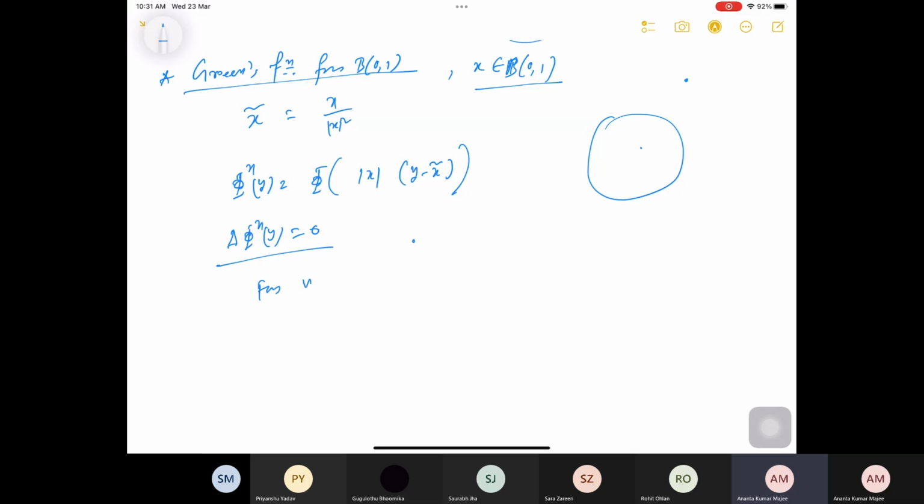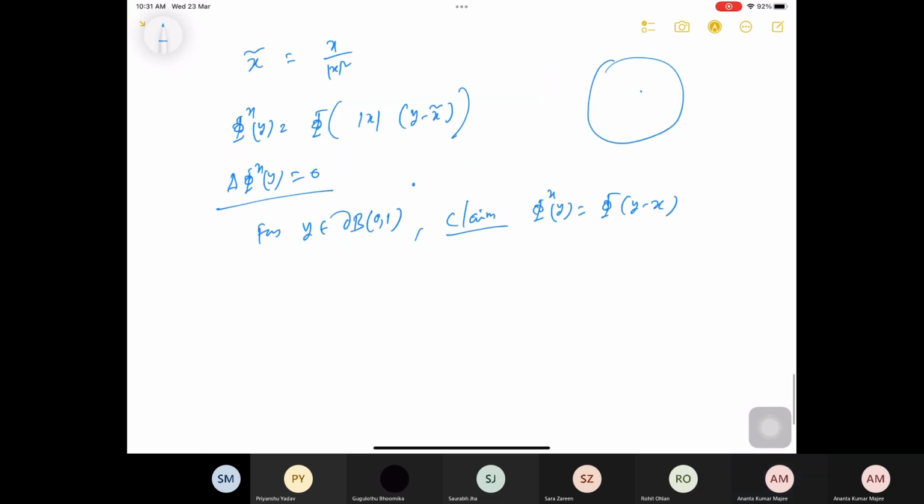So for y belonging to the boundary of B(0, 1), that means norm of y is equal to 1. My claim is that this phi_x(y) should be my phi of y minus x. Then actually we are done. Is it not? Then we are done. So why is this so?